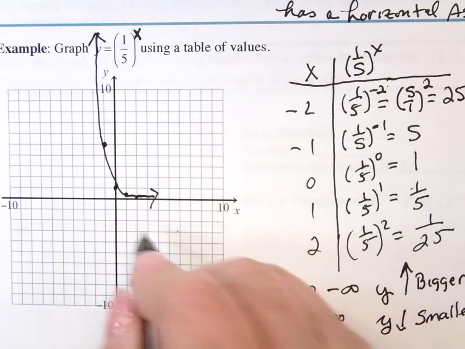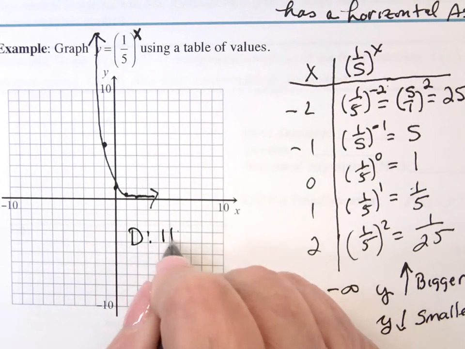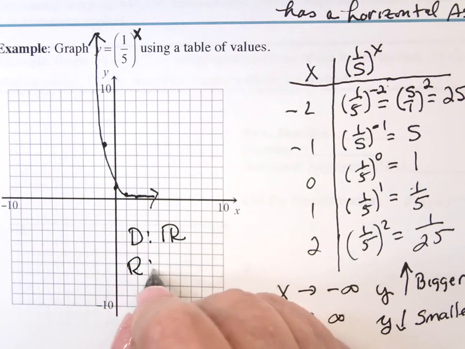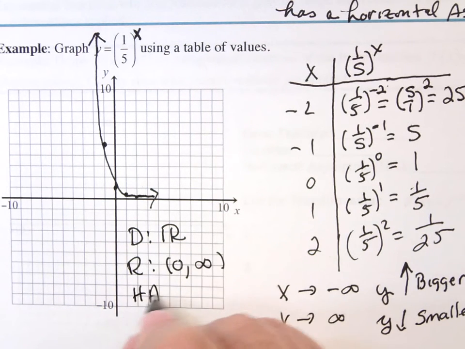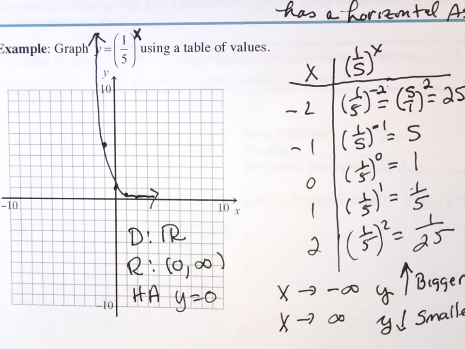And if I take a look, his domain is all real numbers, and his range is 0 to infinity. He has an HA at y equals 0. Ranges we don't worry a whole lot about, but domains we do.